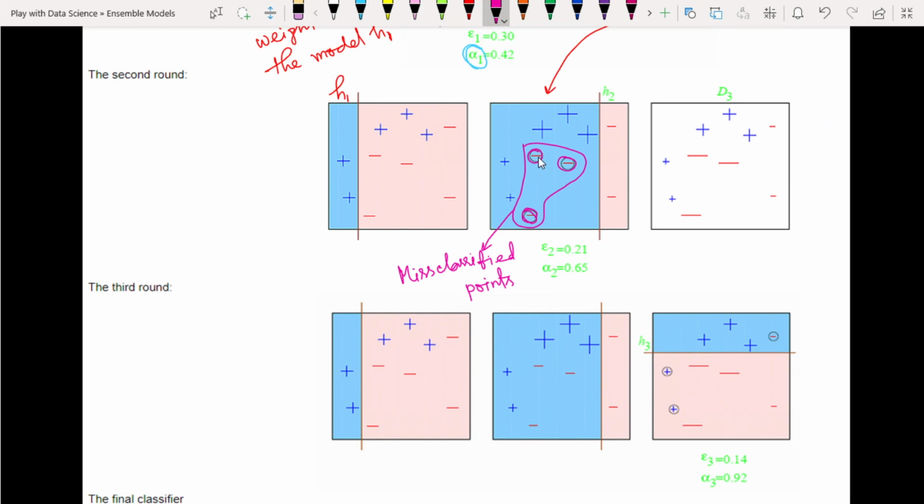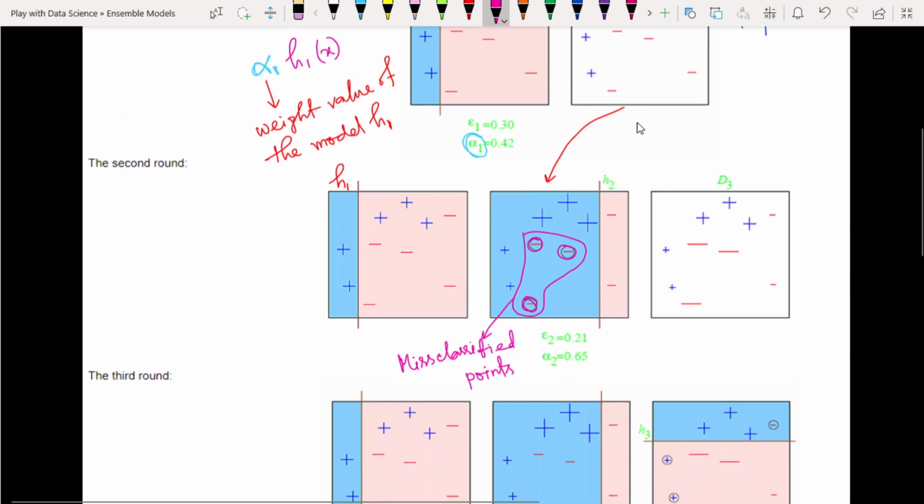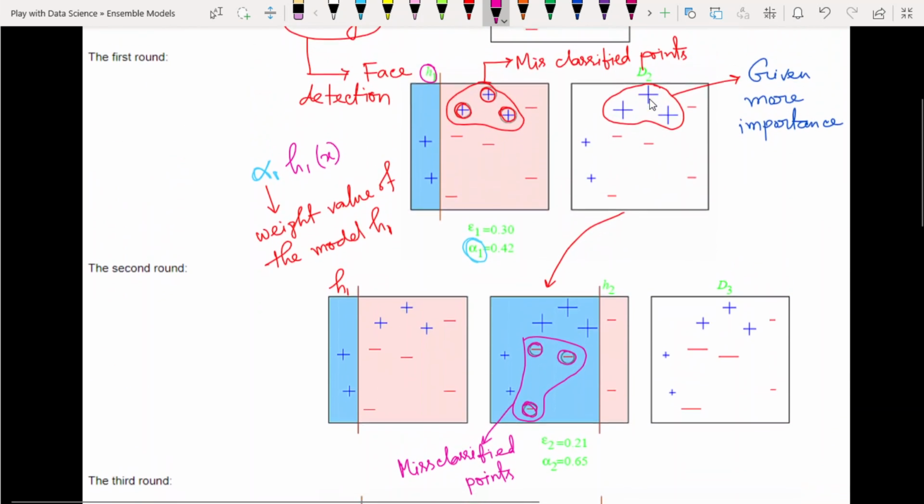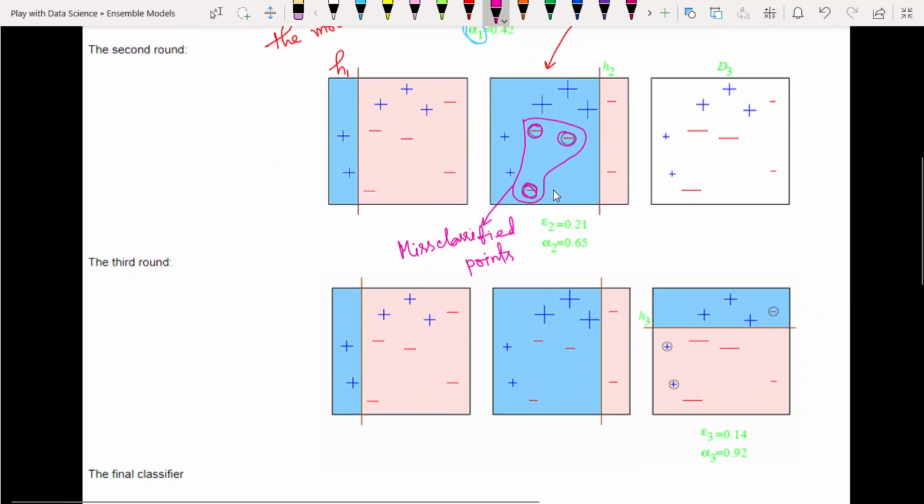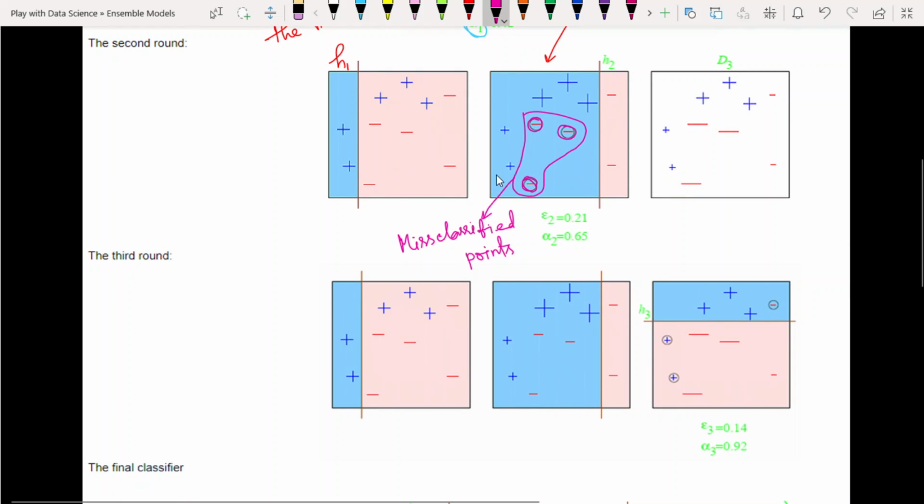Okay, the model H2 has been built by using the data set D2. So here the model does the job correctly for the points except for these 3 negative points.